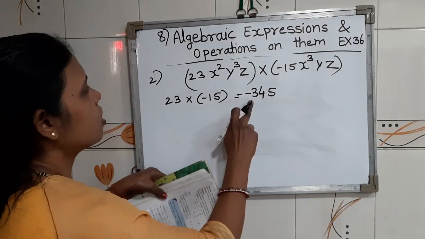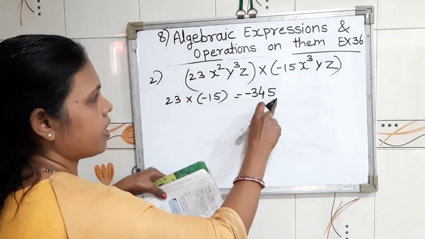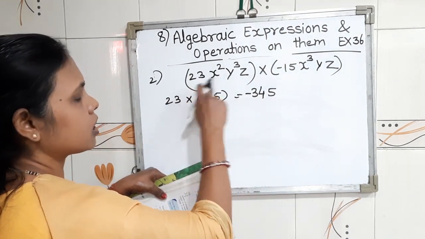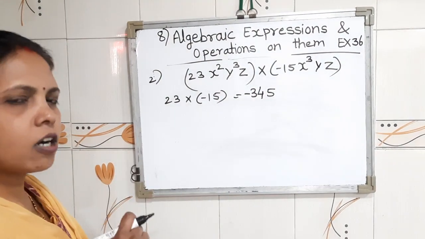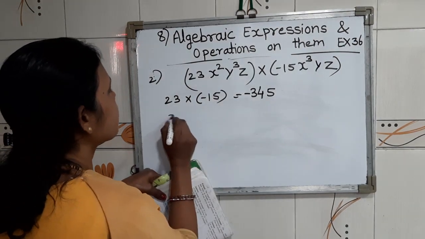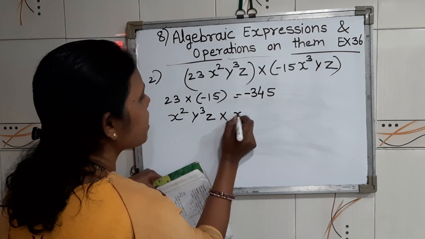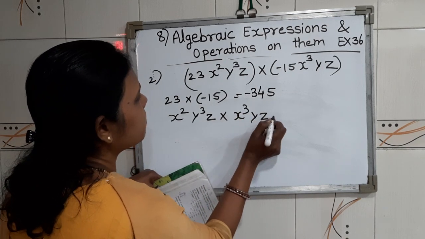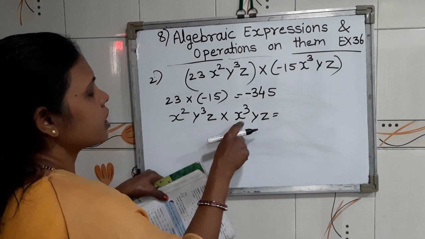After that we got the product of minus 345 with the number 23 into minus 15. But here variables are also there. We will write variables, that is x square y cube z multiplied by x cube y z. So children, x how many times here? 2, here 3.